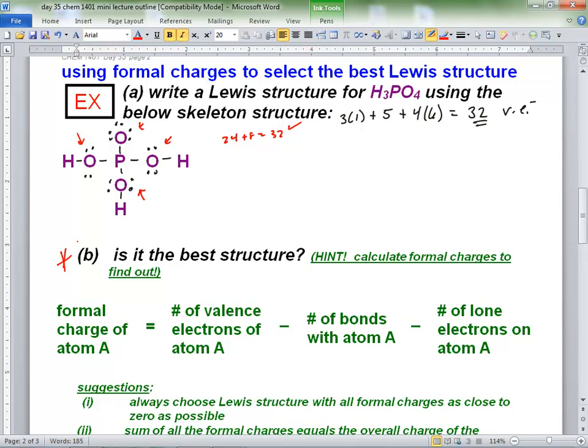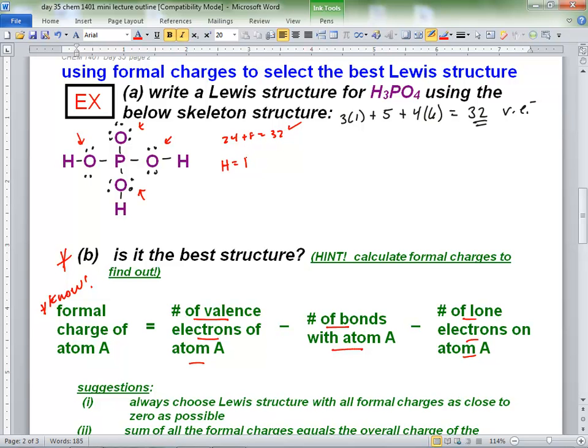So now this is where things are changing a little bit. We need to know this equation. How do you calculate formal charge? Right? You take the number of valence minus the number of bonds and then subtract off the number of lone electrons. Do that for every single atom in the molecule. Right? So let's, like H. Number of valence of H is just 1.